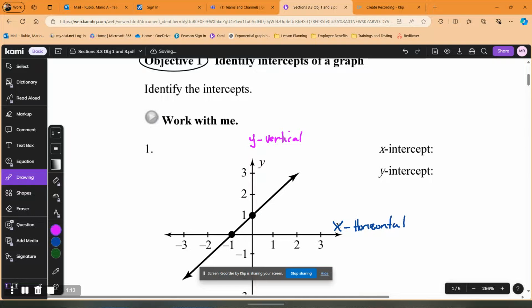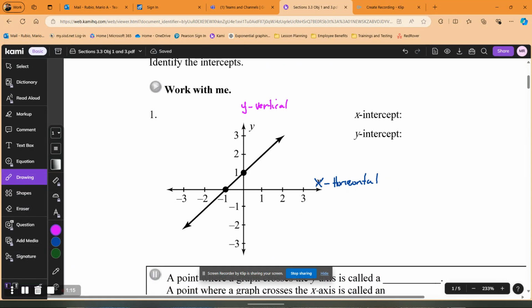So let's take a look at this graph, at this line here. We have this line, and it crosses the x-axis. Let's leave this as x-axis, and it runs horizontal.